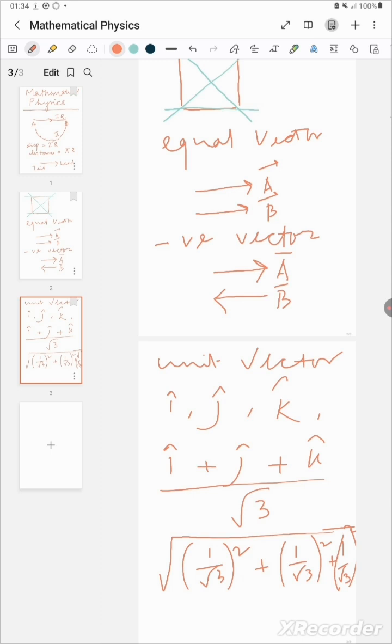So basically what we are getting is the square root of 1 by 3 plus 1 by 3 plus 1 by 3, that is root of 1 by 3 into 3, that is under root 1, which is equal to 1. So we have proved that the magnitude of (i cap plus j cap plus k cap) by root 3 is 1. So it is basically a unit vector.